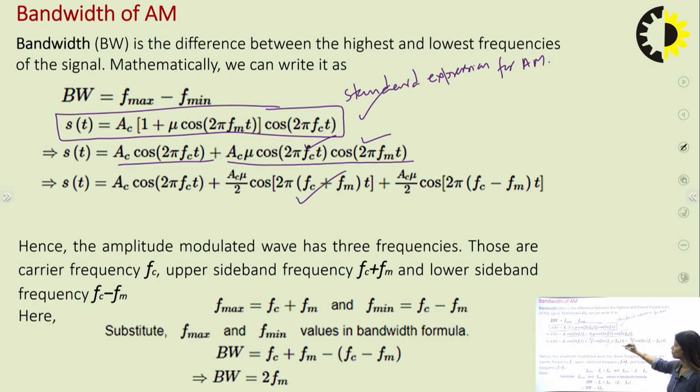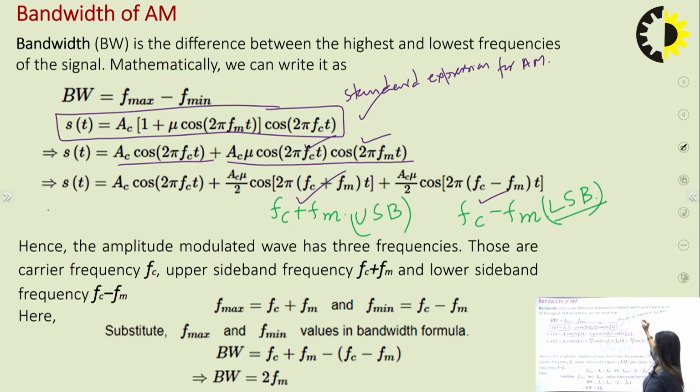This AC mu by 2, AC cos 2 pi FCT the same, and this is cos A cos B. We have applied the formula in this way. This is the standard expression for AM, and we have opened it according to the cos A cos B formula, right?